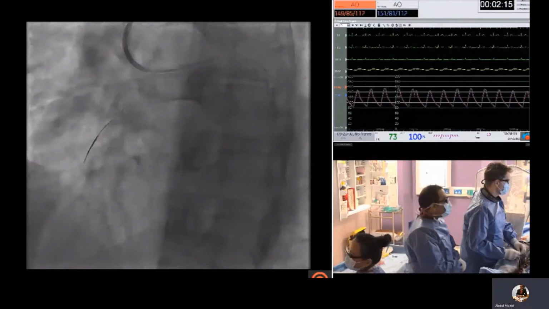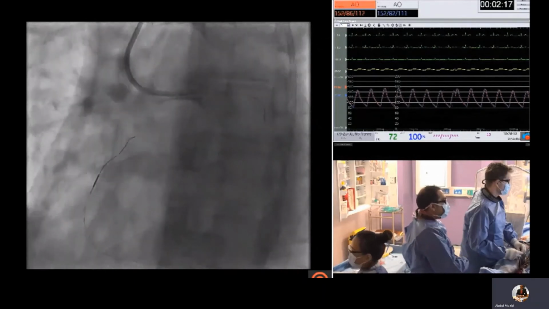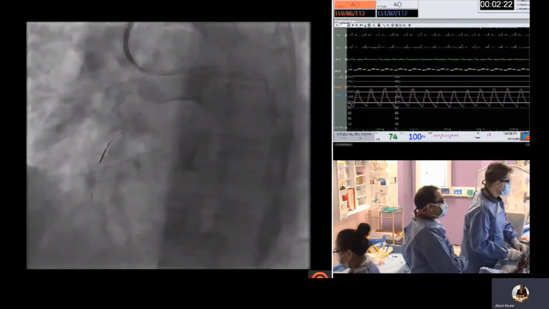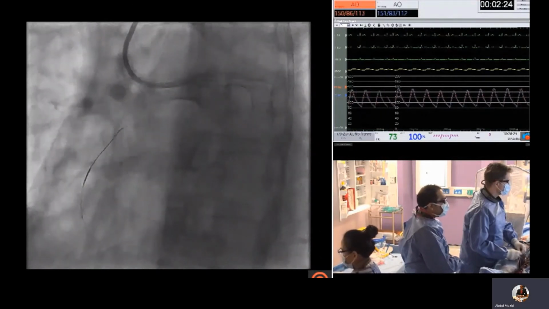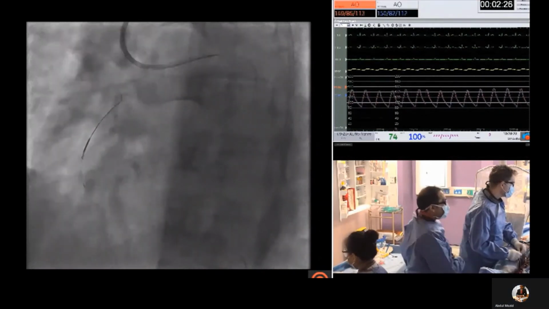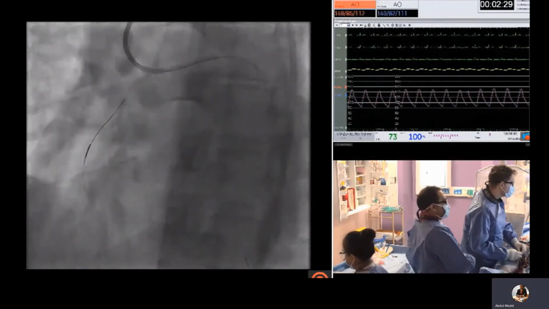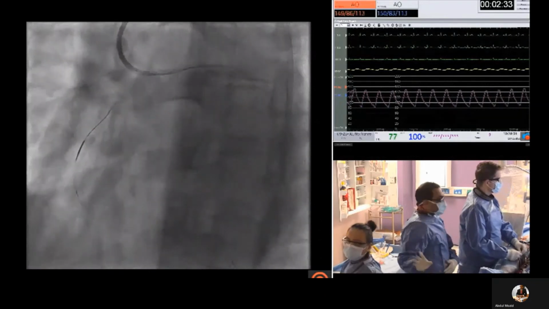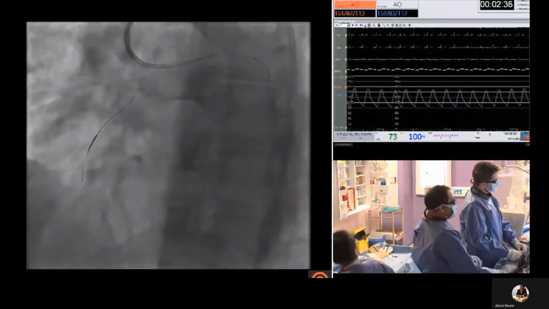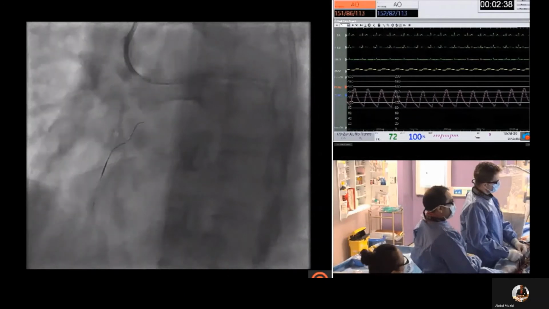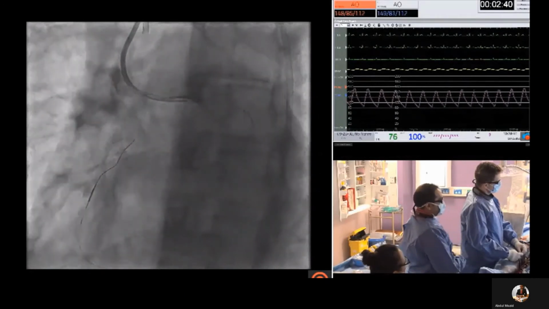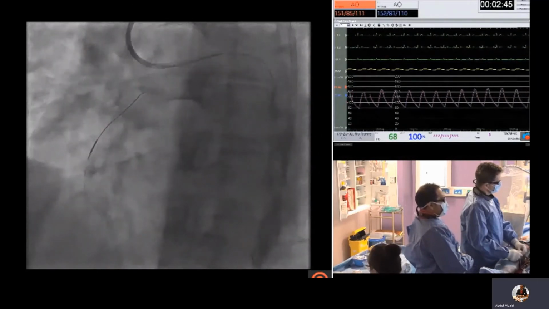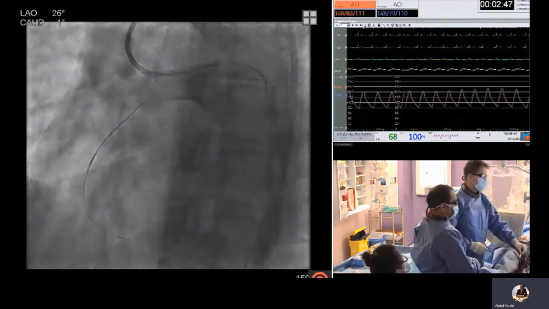true to true. So here, this is a slightly more resistant point, and drilling here with the Pilot 200 is now making more progress. It is now clearly making progress through the RCA.